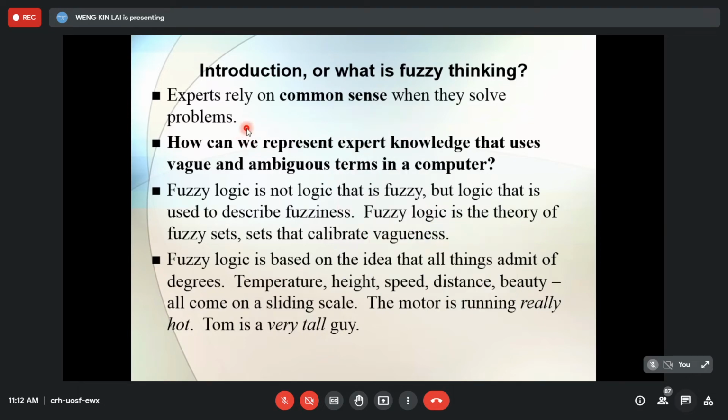So the question is, how can we represent the expert knowledge that uses such vague and ambiguous terms in a computer?